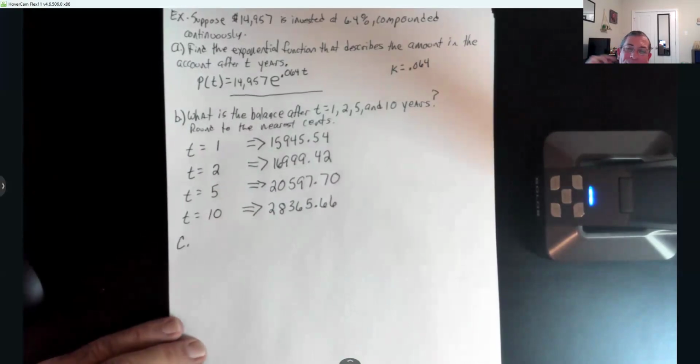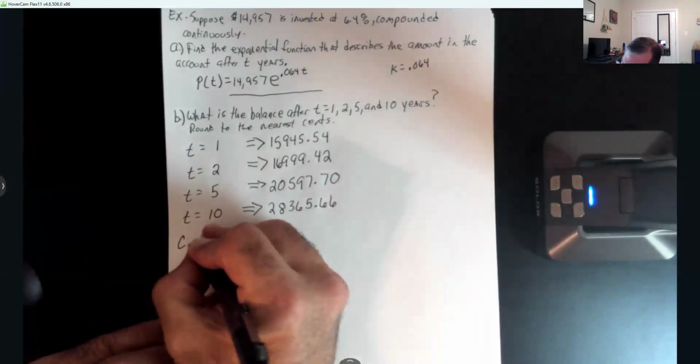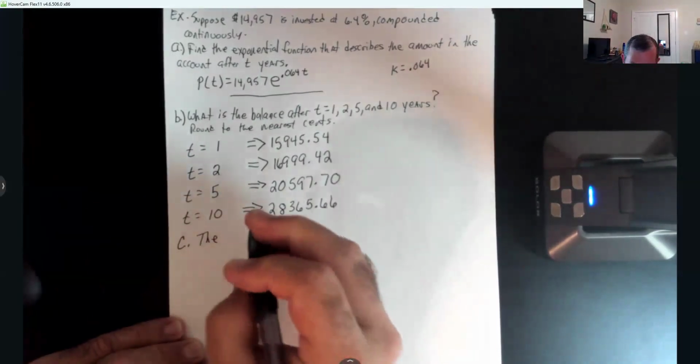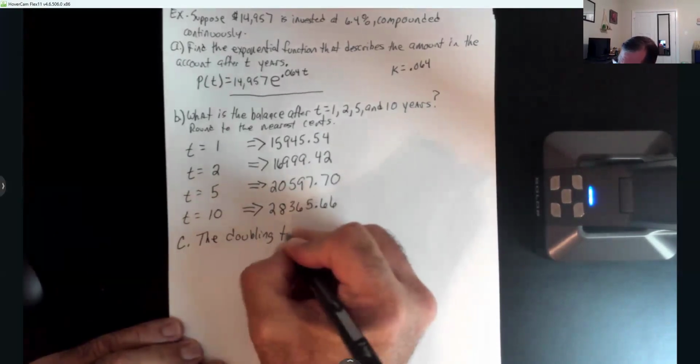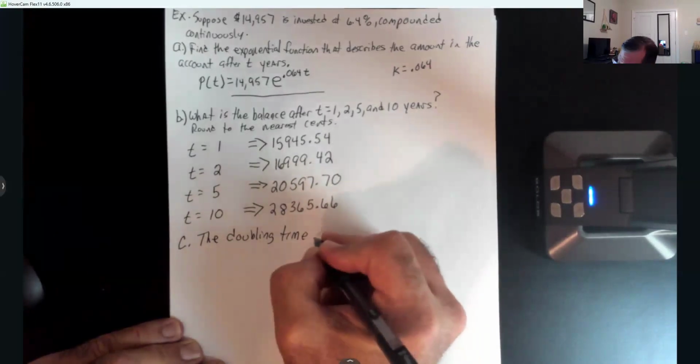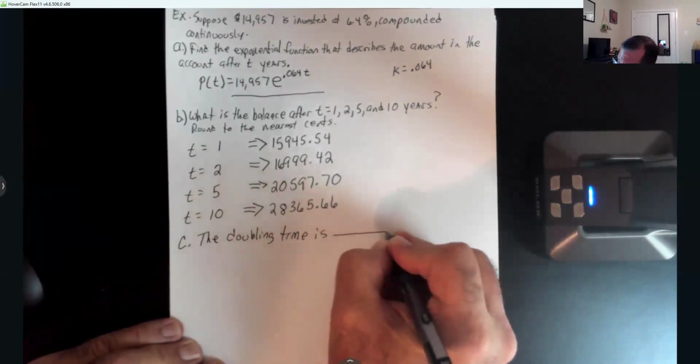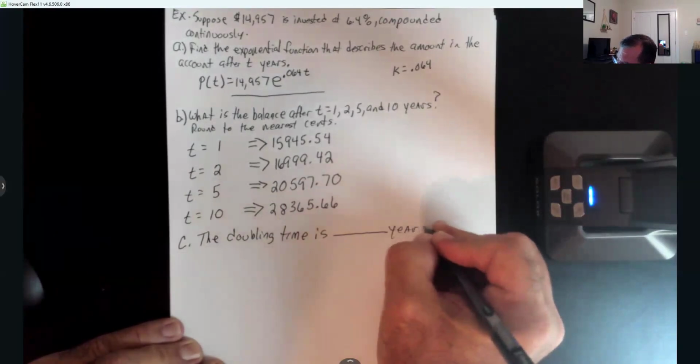So y'all, I'm going to let y'all work this one for me and see what y'all get. And we'll do this one before break. So y'all, tell me this answer. The doubling time is blank years.